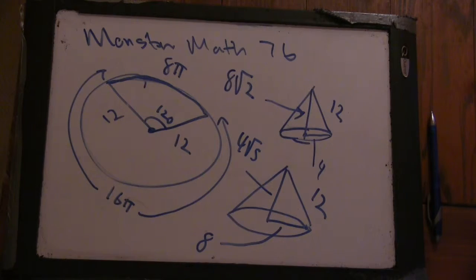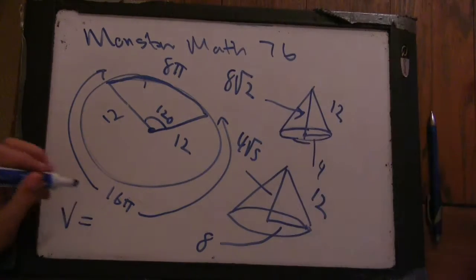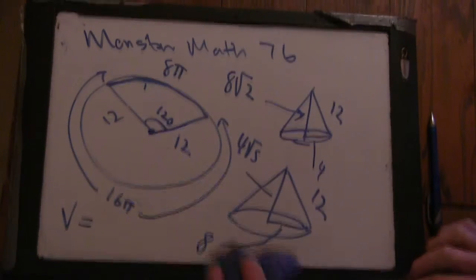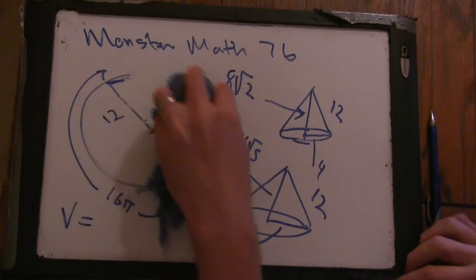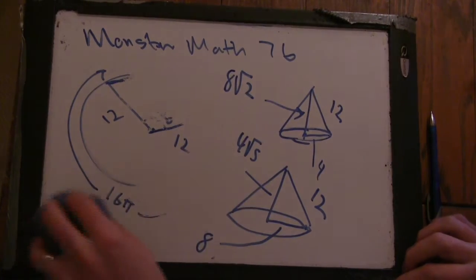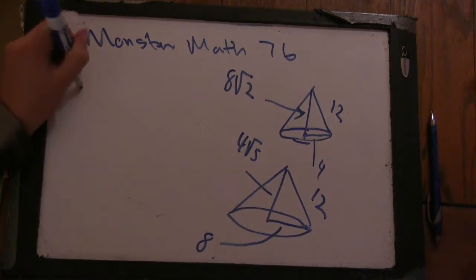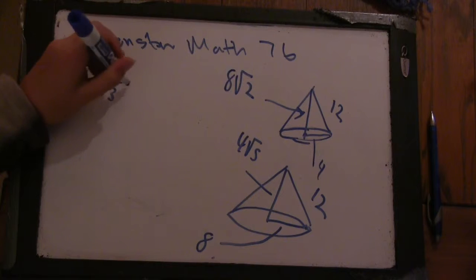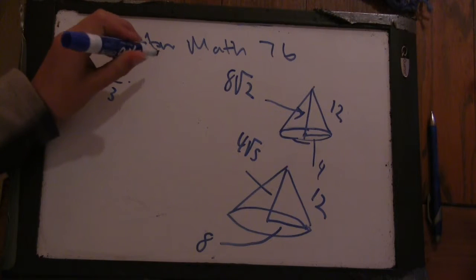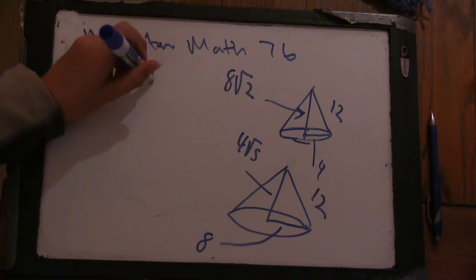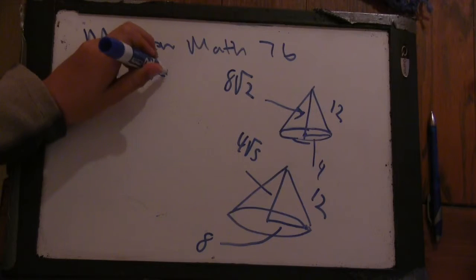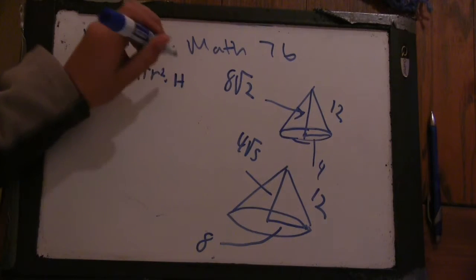Now, for a cone, the volume formula is 1/3 times the area of the base circle times height.